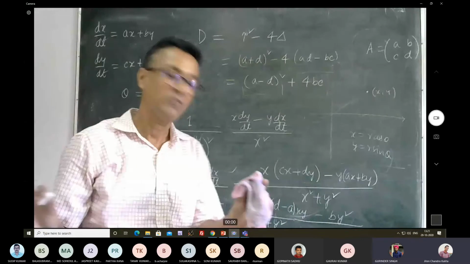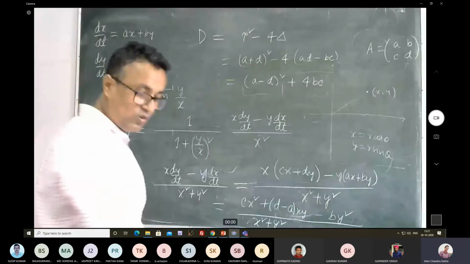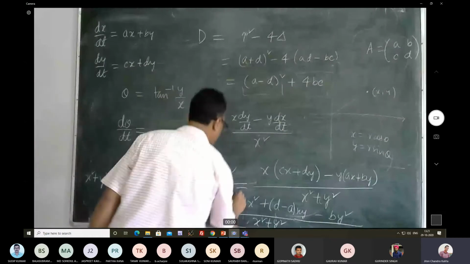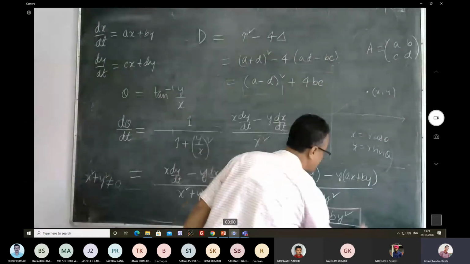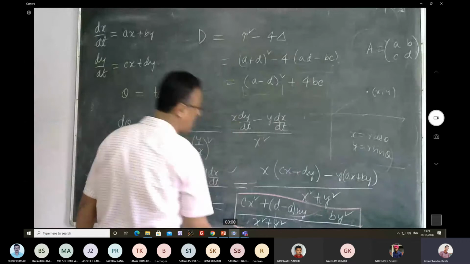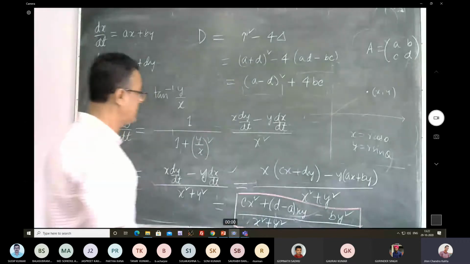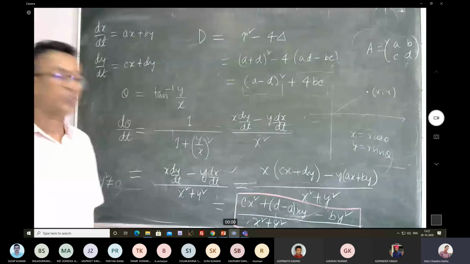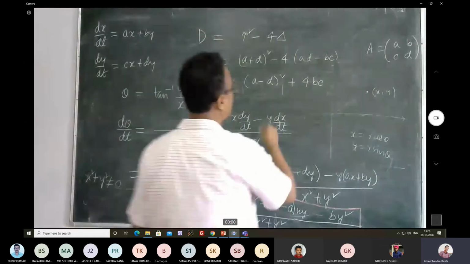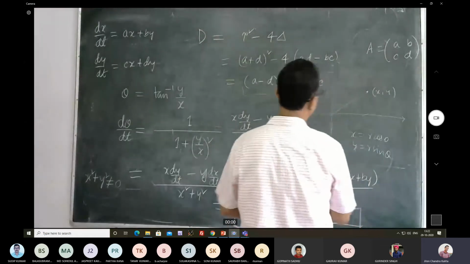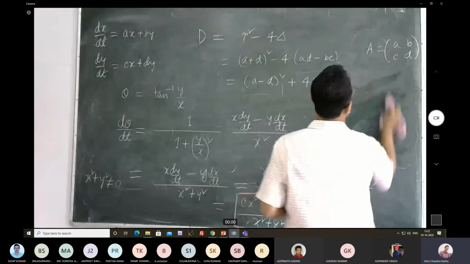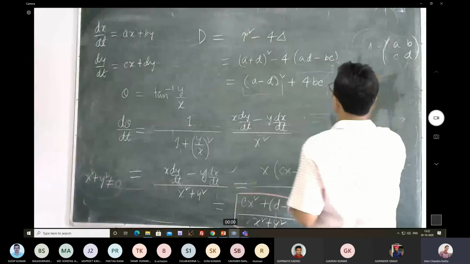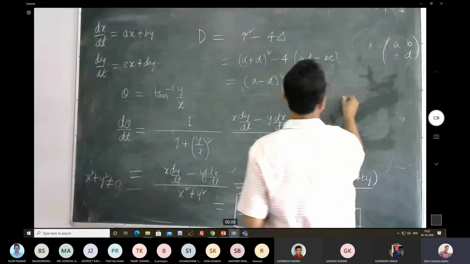Now look at the expression for dθ/dt. I am trying to prove that this expression is either positive or negative, not zero. Since I have already found that the signs of B and C are opposite to each other, let me assume that C is greater than zero.